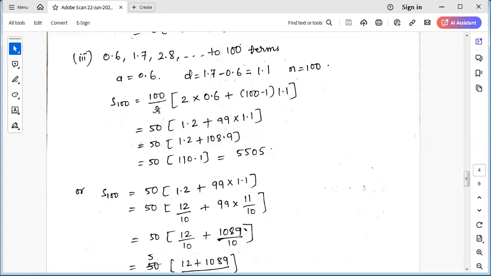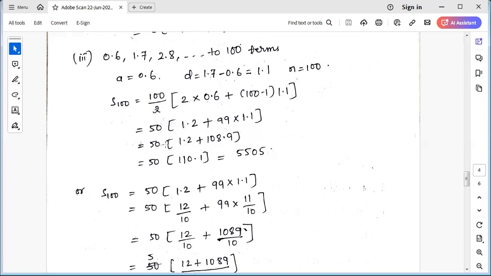S100 is equal to 100 divided by 2 into 2 into 0.6 plus 100 minus 1 into d, which is 1.1.